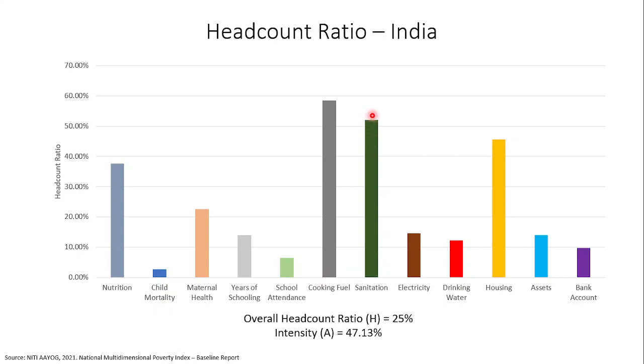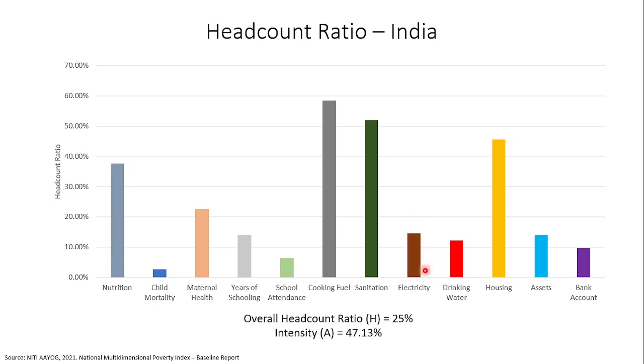Sanitation. This is a very big issue in India, as you know, and the government is taking steps to improve sanitation through providing toilets, so you have the ODF, open defecation free status for villages and for towns. Electricity is pretty good, because we have achieved 100% electrification of villages.